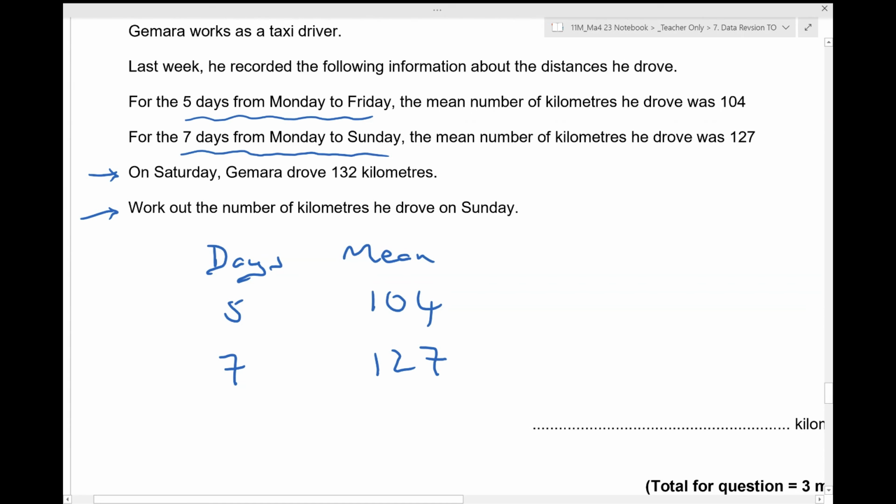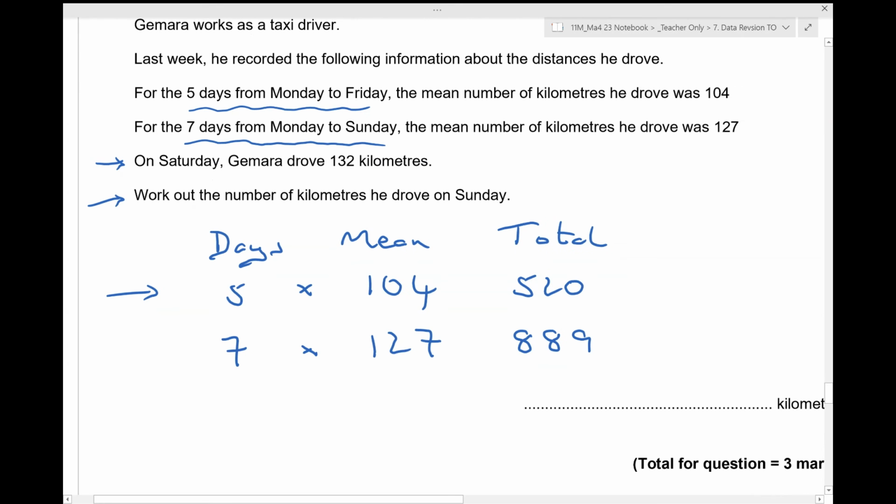Well, from this piece of information, 5 days, mean of 104, I can work out by doing 5 times 104 that in those 5 days, the driver drove 520 kilometres. Now, in the 7 days, if I do 7 times 127, I see the driver drove 889 kilometres.